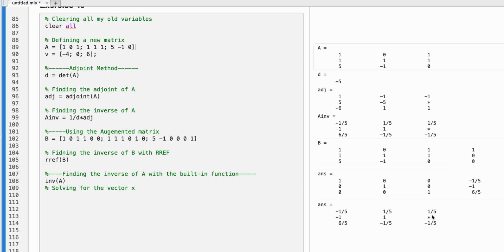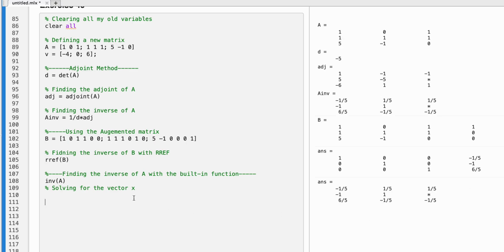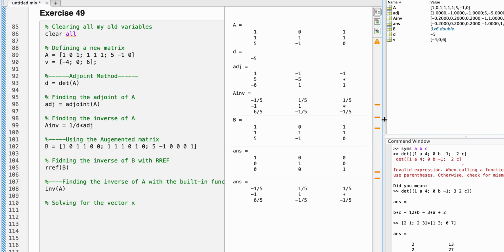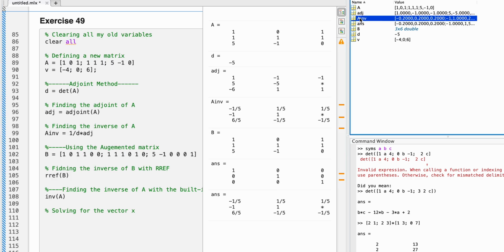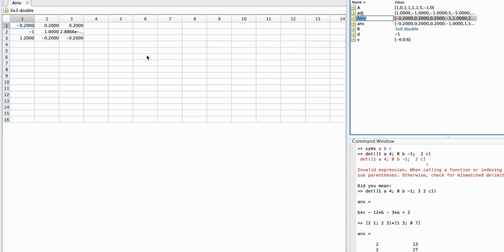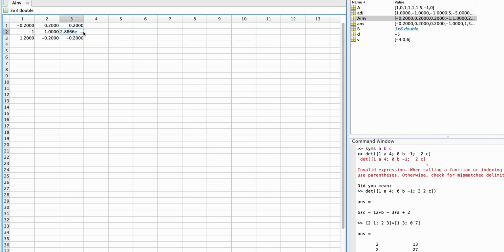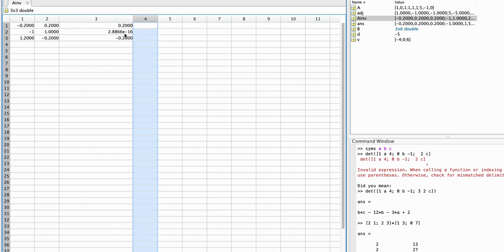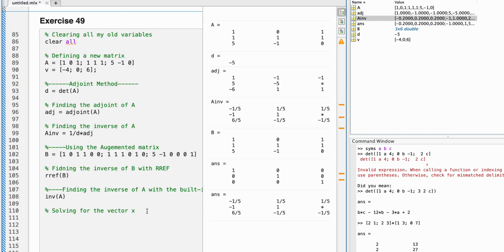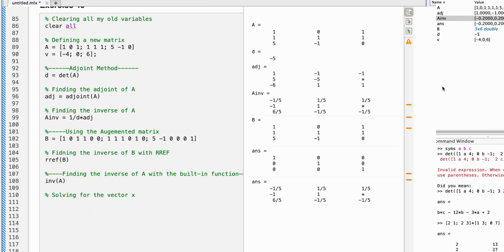For some reason, it just gives us this value right here. And right now, let's see what the variables are doing. So if we do the inverse of A, and we look at it, what we get is something very close to 0. Okay. So let's go back over here.